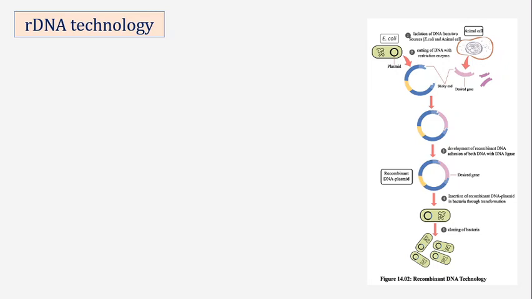The previous attempt was, about 50, 60 or 100 years ago, before the production of synthetic insulin, people used to collect insulin from different mammals like pigs or goats or sheep, kill them, extract the insulin from their pancreas, isolate and purify it, then make it available for human use.